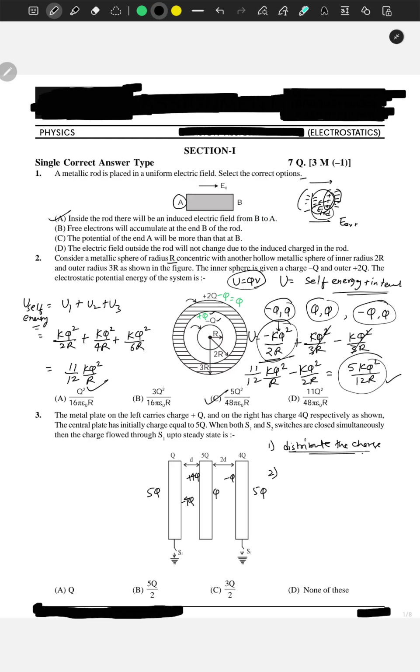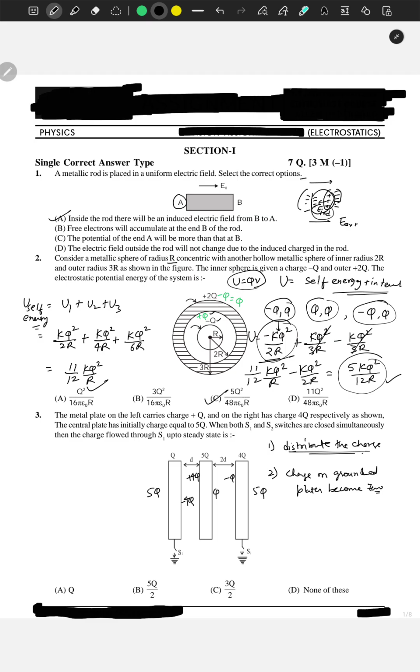Second, whichever plate is grounded, make the charge on that plate 0. So charge on grounded plates becomes 0, meaning the charge will go to the earth. That's what we can assume right now. Because the potential will become 0.